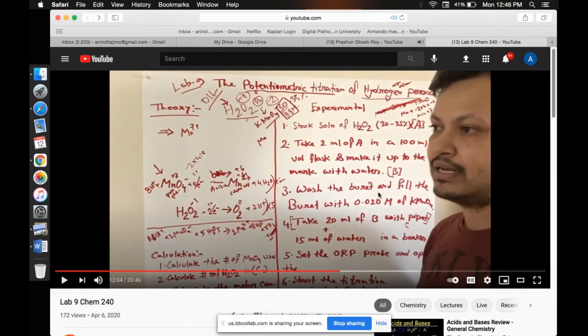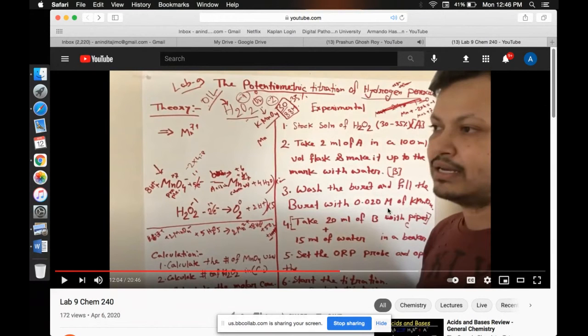Now wash the burette and fill the burette with the 0.02 mole of KMnO4. The KMnO4 will be provided to you, and its concentration will be given, normally 0.020 mole of KMnO4.